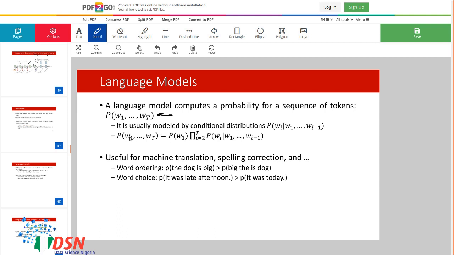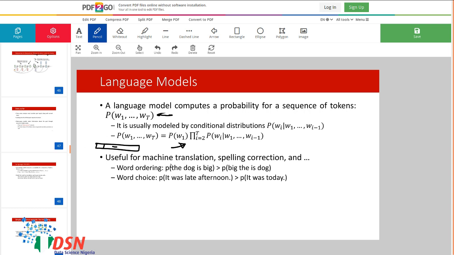For example, we want to know the probability of the first word, the second word in a sentence. We have seen these rules in the probability part of our course, so we could decompose this into these terms. This is actually used for machine translation, spelling correction, and so on.